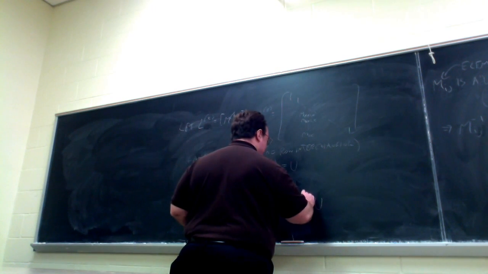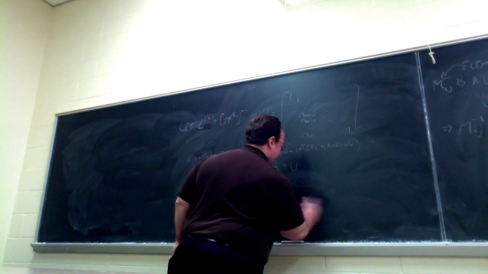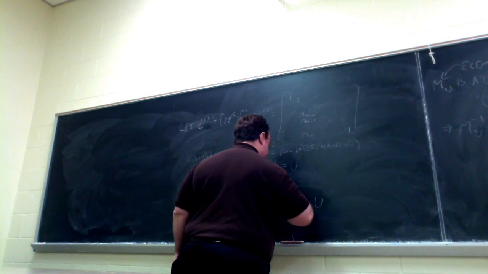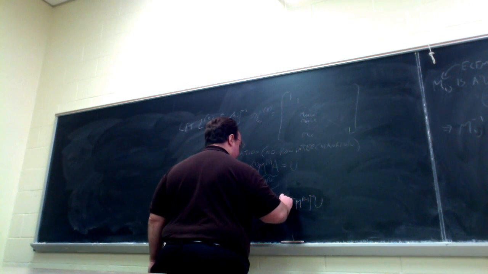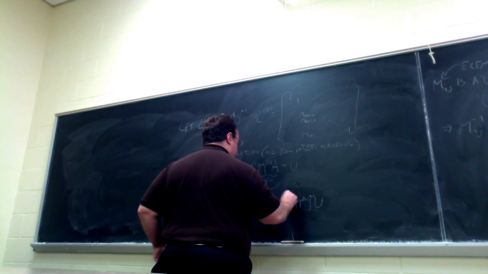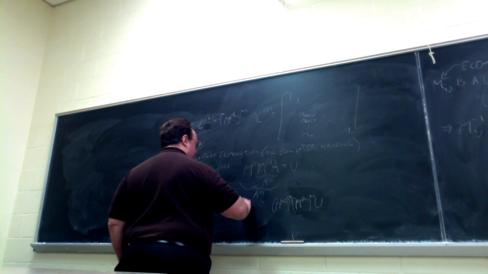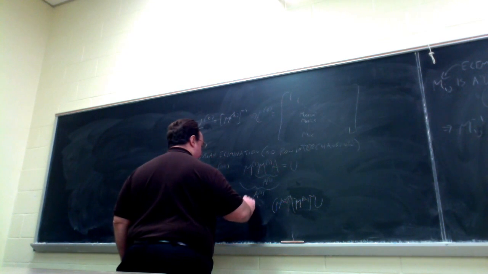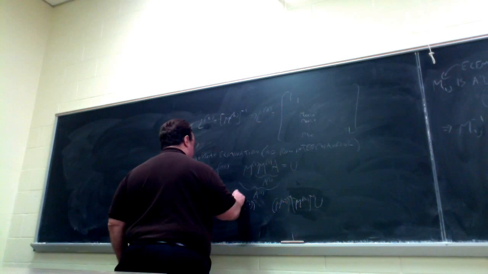So this is the first one to go. So M_{n-1} inverse, followed by M_{n-2} inverse, and so forth, all the way up to the last ones, M_2 inverse and then M_1 inverse.